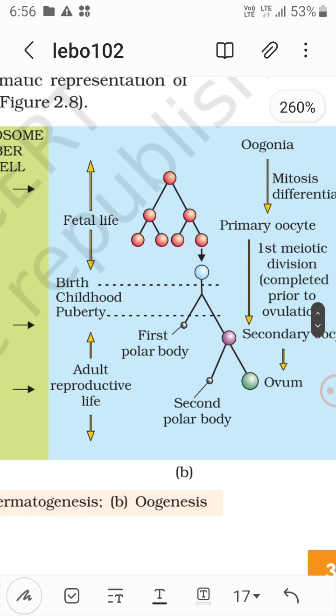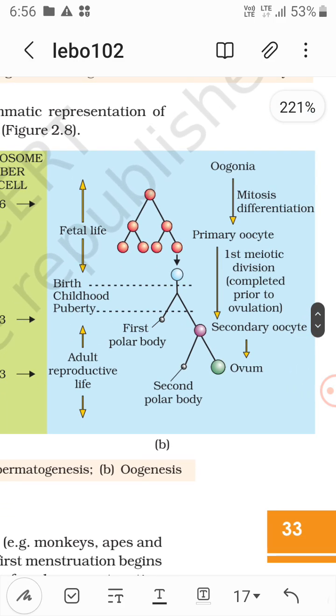Just remember this. Anyways, this is the fetal life, before birth, where oogonia form the primary oocyte.